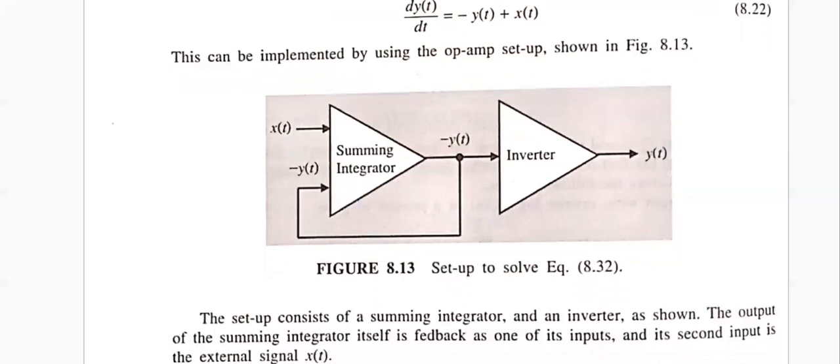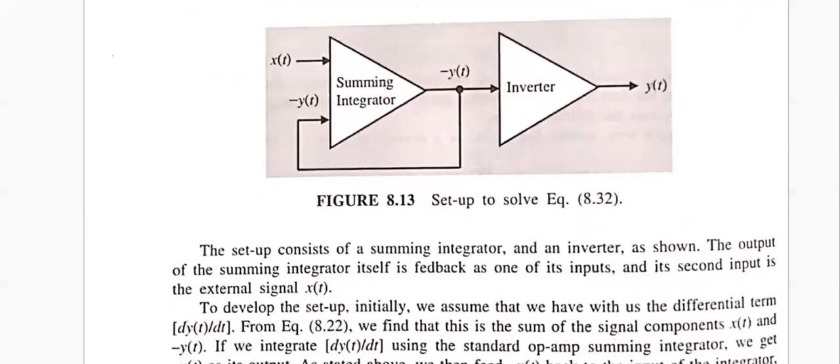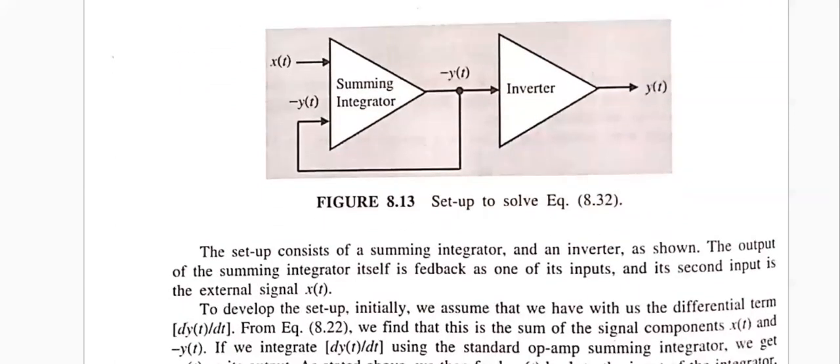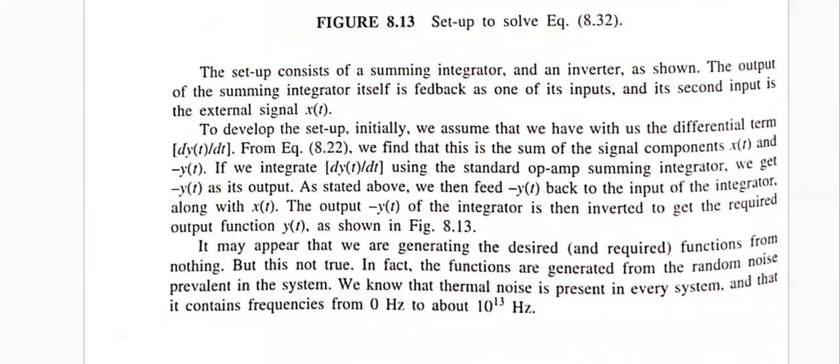Okay. Now there could be a question about this aspect. How can we find this signal? There is no input signal for this kind of architecture. It may appear, looking at this block, that we are generating the desired functions from nothing.